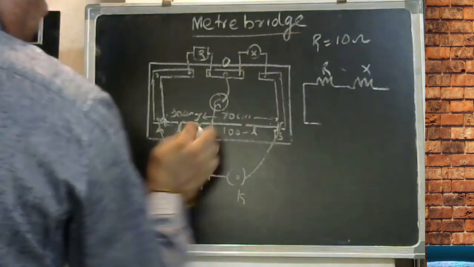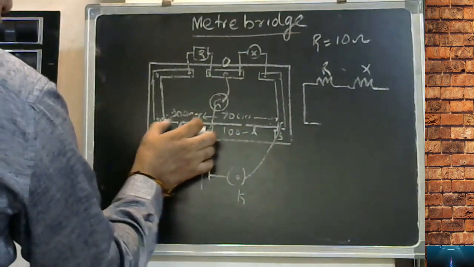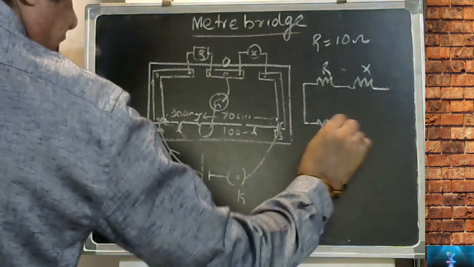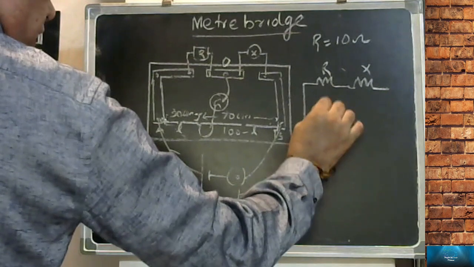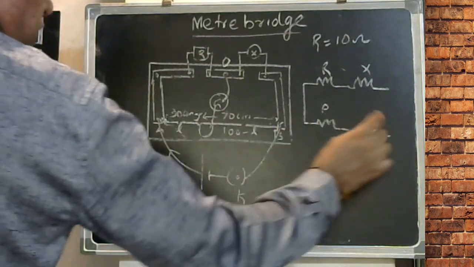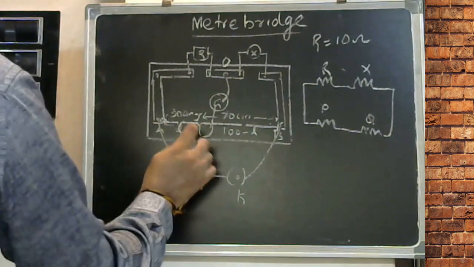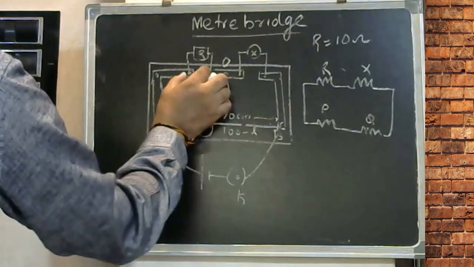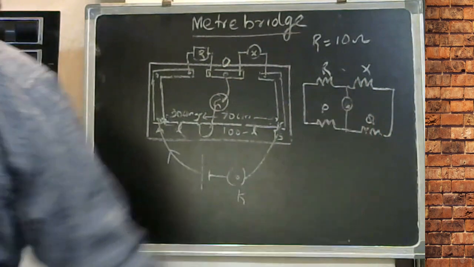Here, this wire will have a resistance because it's a resistance wire. This length L will have a resistance, so let's take P, and this other part of the wire will have resistance Q. So this is resistance P, this is resistance Q, this R, this S, and there is a galvanometer which is not showing any deflection.